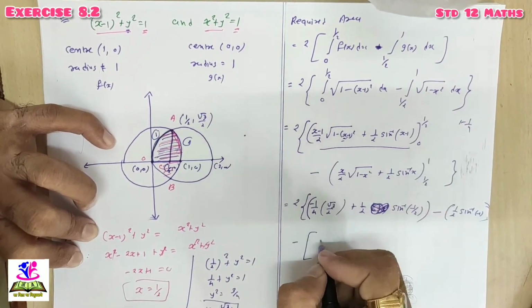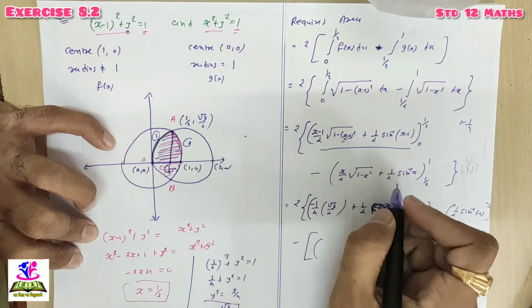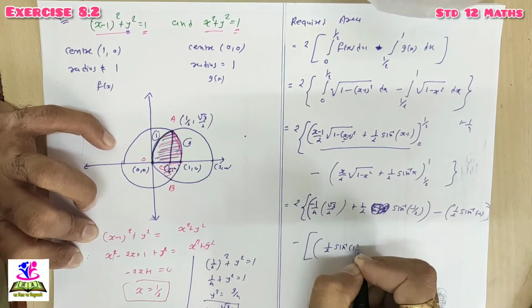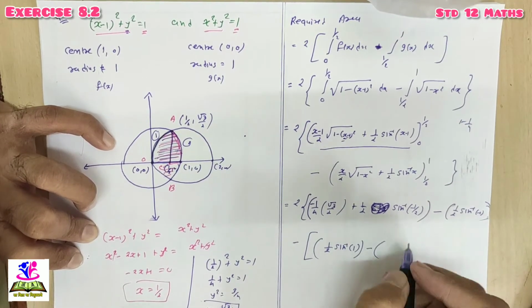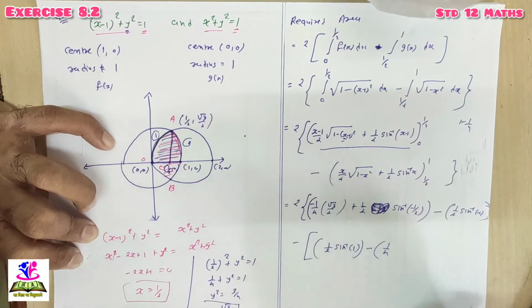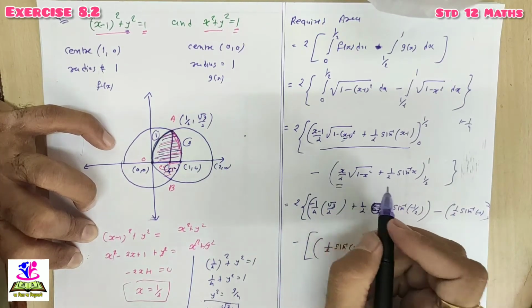Put x equal to 1. So if you are putting x equal to 1, 1 minus 1 is 0, ये 0 और ये 1 by 2 sin inverse x, x equal to 1, minus, put x equal to 1 by 2. So it's 1 by 4, 1 by 4 है ना. यहाँ पर कितना कॉन्सेंट्रेशन के साथ करना पड़ेगा.